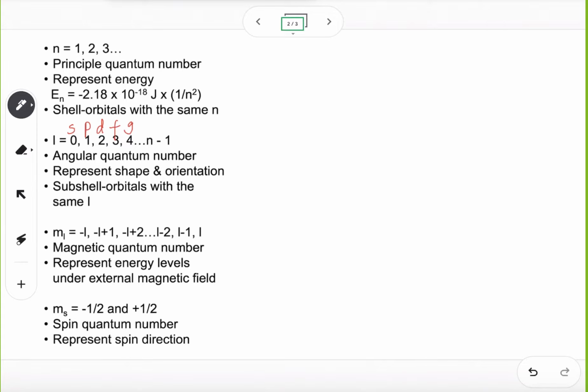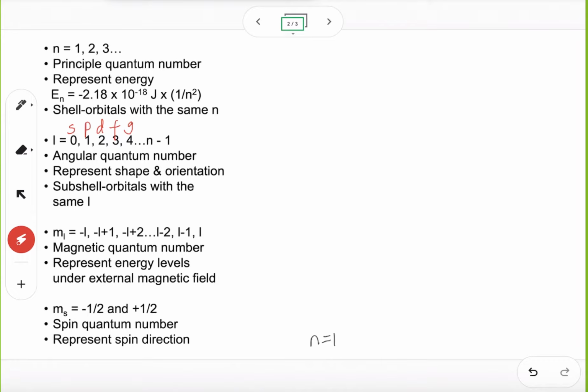All right, let's start from the very beginning. When n equals 1, you can calculate how much the energy is based on this equation. I'm not going to show you how we do the calculation, I'll show you the value.